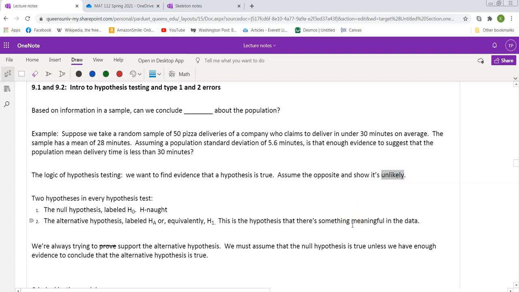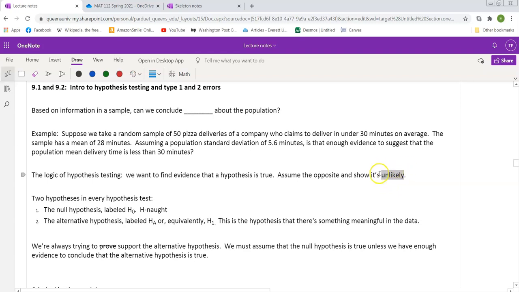Well, the question is, what do we consider unlikely? Well, unlikely would always be low probabilities. And typically we define that as being less than some given value. The three common values are 0.1, 0.05, and 0.01. Of those three, 0.05 is the most common. So again, this is where this comes from.